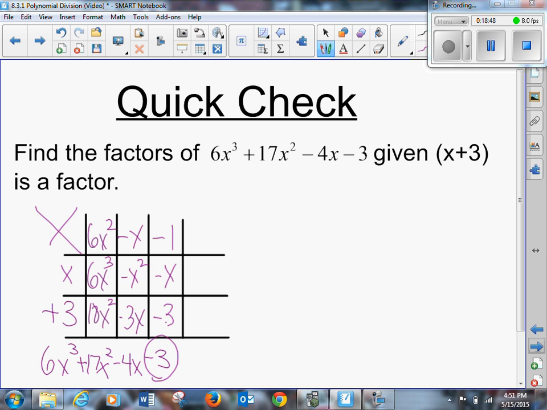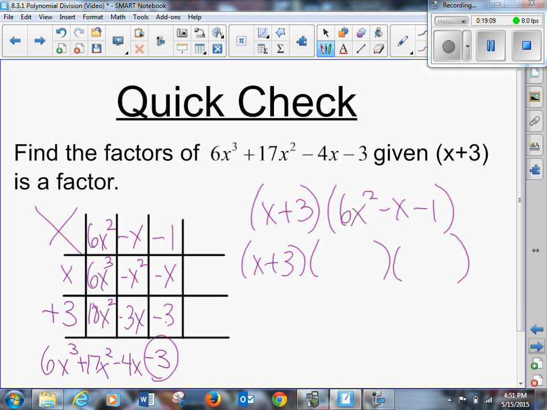So now my factors, my first level of factoring, are x plus 3 times 6x squared minus x minus 1. And again, we want to find the factors down to linear factors. In other words, we want to factor completely. The x plus 3 can stay like it is.